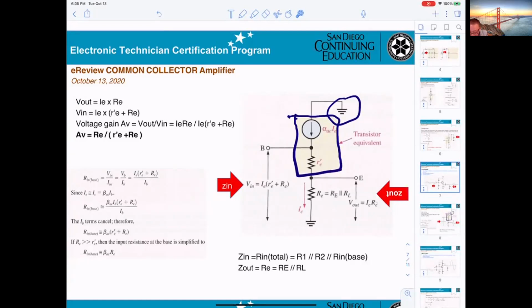So R small e equals R big E parallel with RL. That's what we say right here. That's the output impedance.